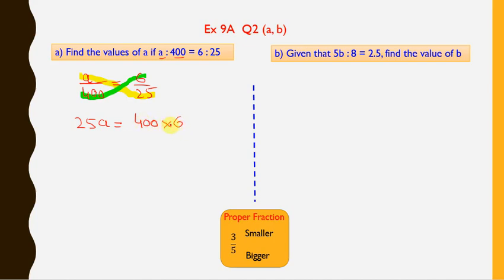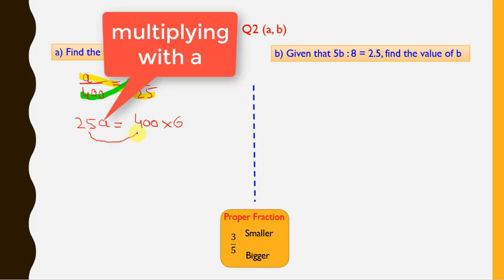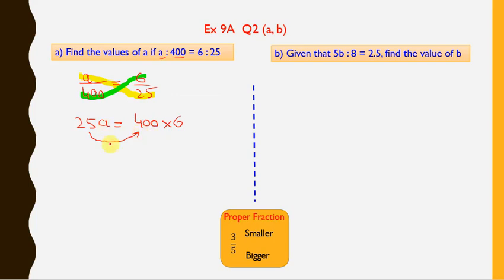You can solve it over here, or as you can see 25 is multiplying over here, and when we shift it to the other side of the equation, it will divide. So a will be equals to 400 times 6 divided by 25.